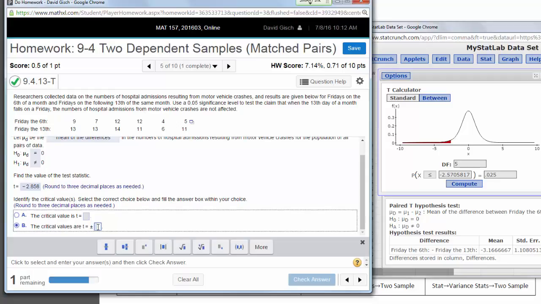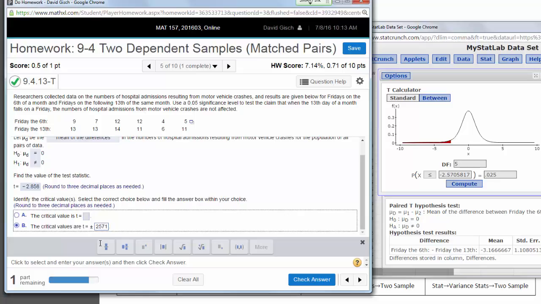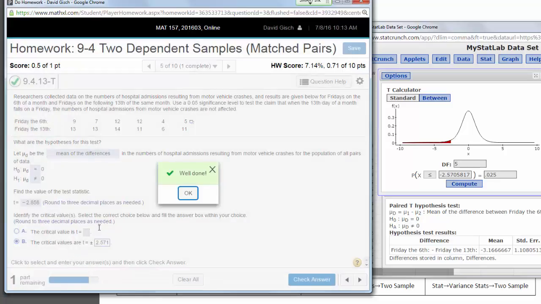And we can see from StatCrunch, the calculator, critical values 3 decimal places, so 2.571. And you don't need to put minus in there or plus. It's already got the plus and minus in front of the box because, again, a left hand and a right hand tail, 2 tails. Oops, I forgot my decimal place. There we go.